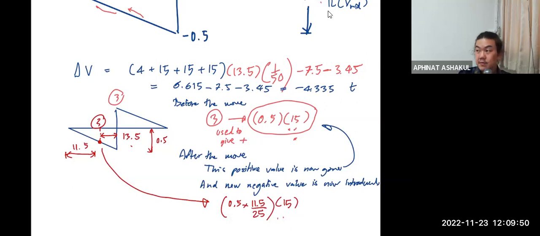It reduces. This equation doesn't give you how much it is. It tells you that by placing load number 3 at midspan, you have shear at midspan more than placing load number 4 at midspan. Correct? Yeah, check that.